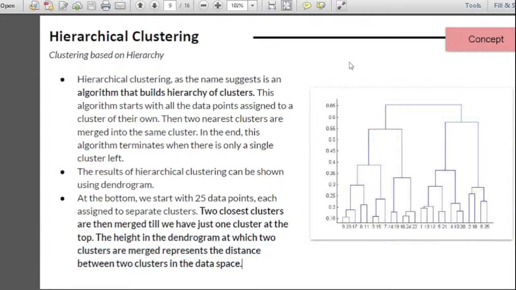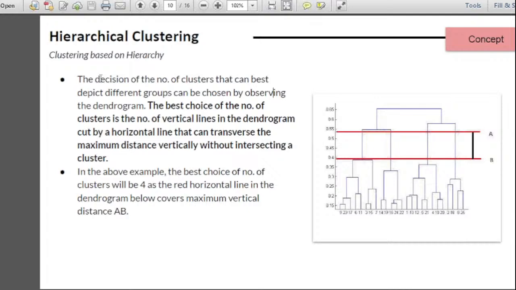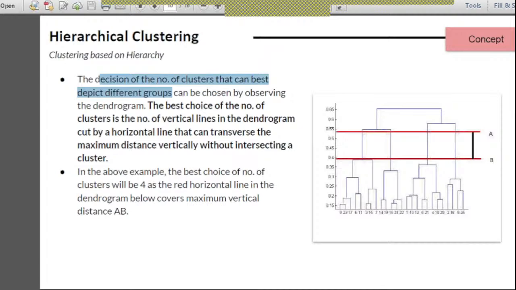After you create this dendrogram, the decision of the number of clusters can be made by observing the dendrogram, right? So the best number of clusters you can find is if you draw two parallel lines between the heights.